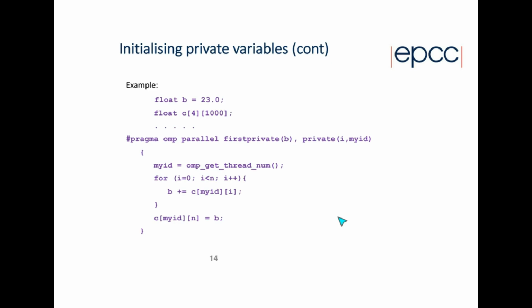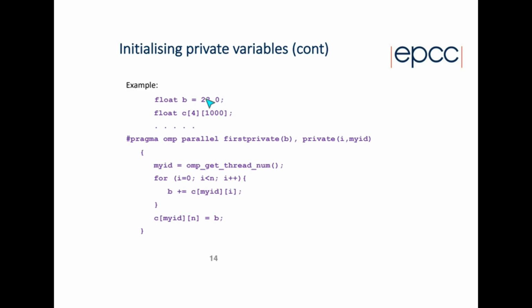Okay. So again, this is a kind of strange and contrived example here, but suppose that we want to form the sum of every column in an array. Then we could do something like this. As I say, it's a contrived example. It's difficult to find a sensible one that fits on a single slide.